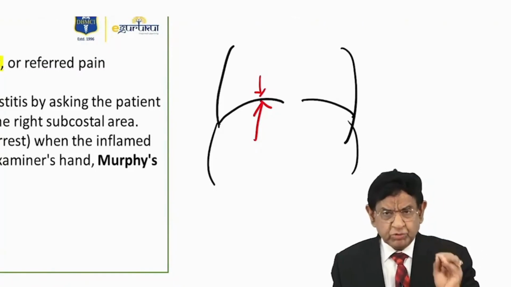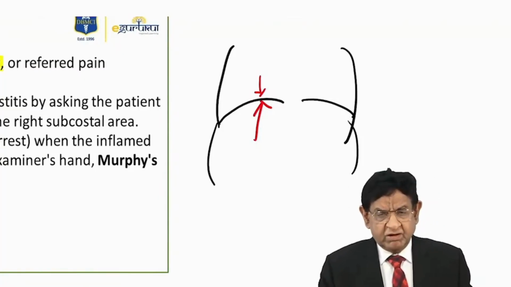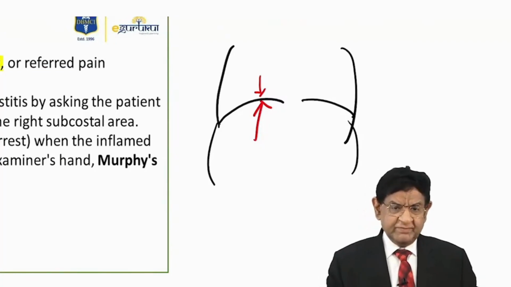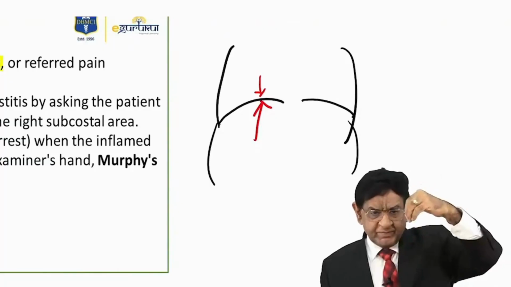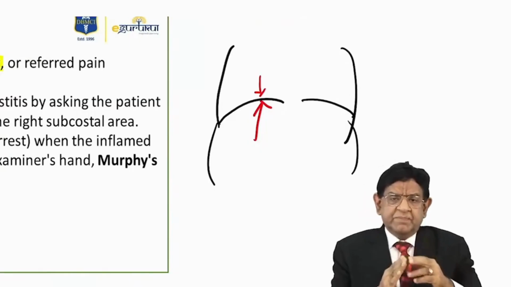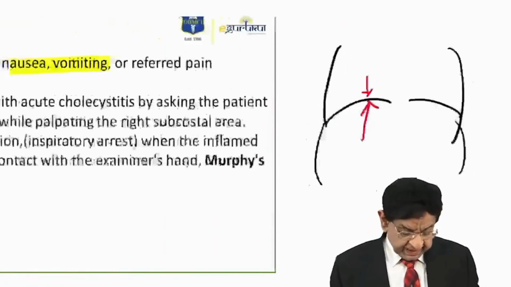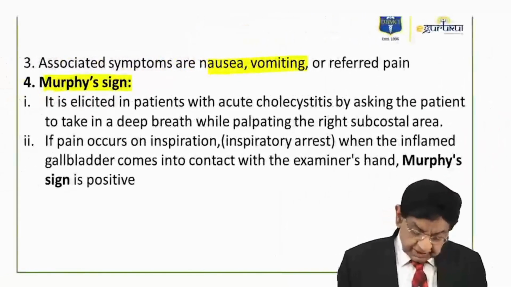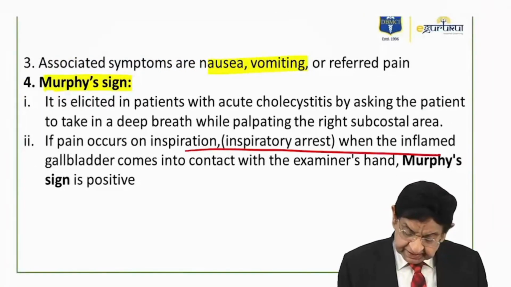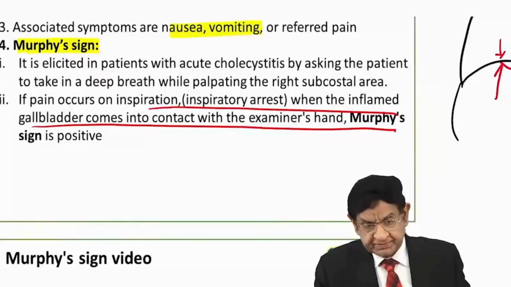And usually cholecystitis is there, the gallbladder is inflamed, and when the inflamed gallbladder comes and touches the hand, suddenly the patient will jump with pain. There is an inspiratory arrest, so-called Murphy's sign. When the inflamed gallbladder comes in contact with the examiner's hand, we call Murphy's sign positive.